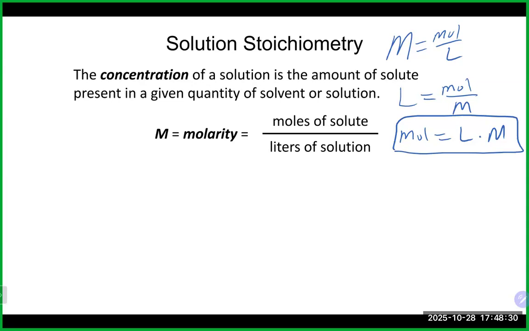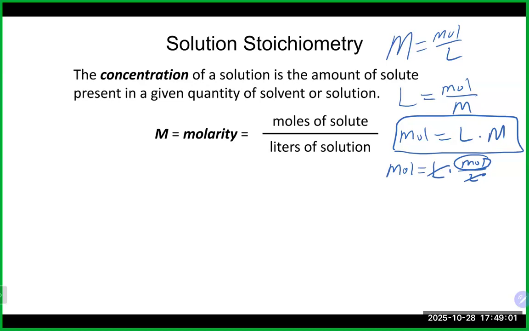The volume absolutely does need to be in liters when you use it with molarity. That's because if we look at the units, liters times molarity, which is moles over liters, when you multiply those two things, the liters cancel and we end up with moles. I would highly recommend that if you have a molarity, you use it like a conversion factor.